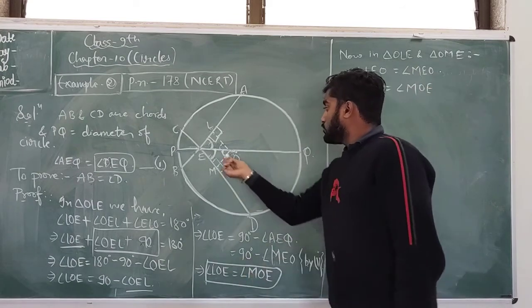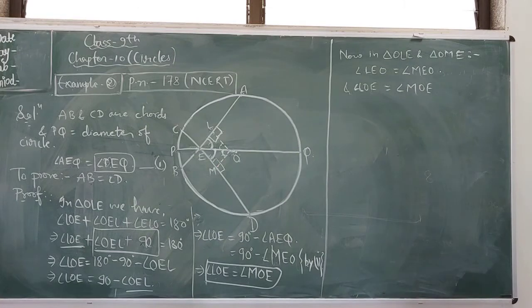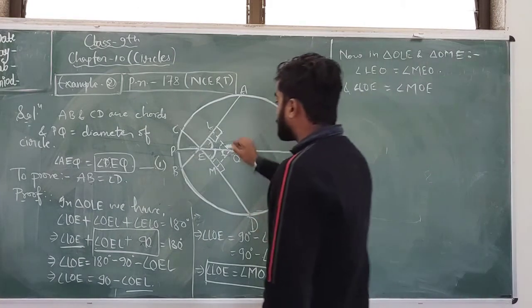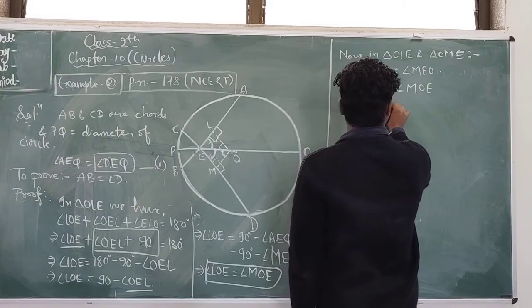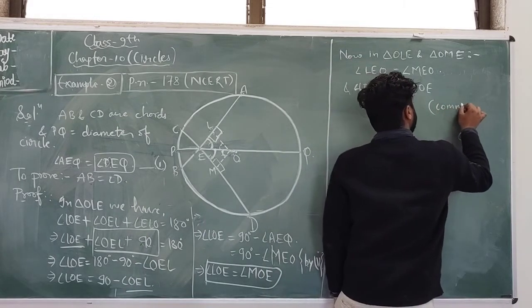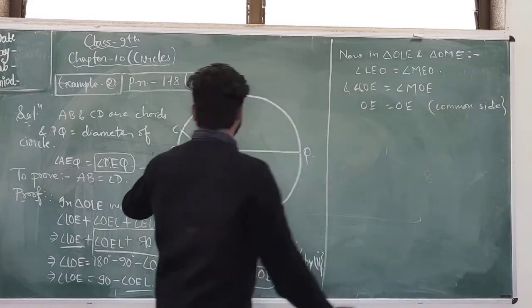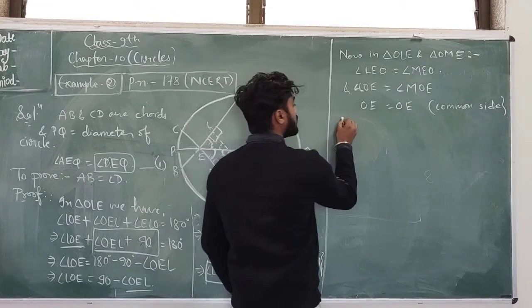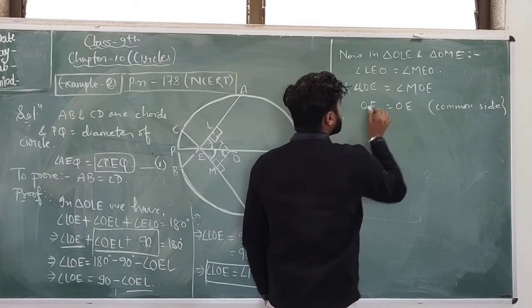From these two we have these two angles equal, and OE is common in both triangles. OE is equal to OE, which is the common side. So we can say that these two triangles are congruent to each other by the angle side angle congruence rule.